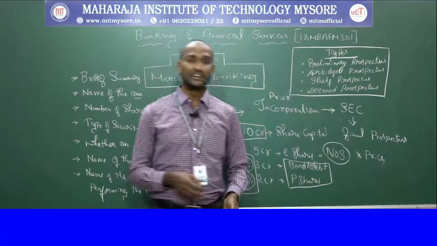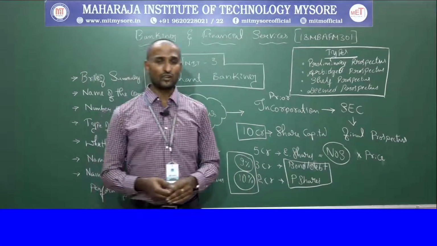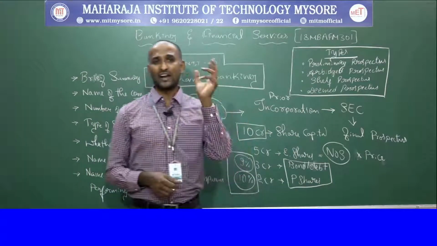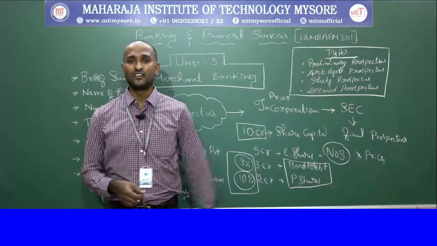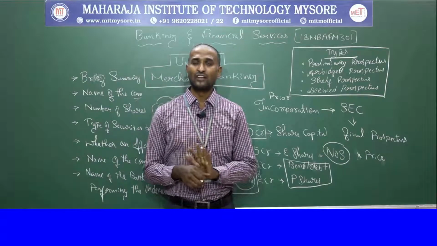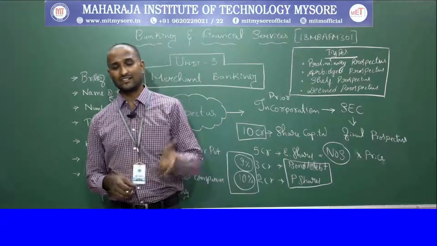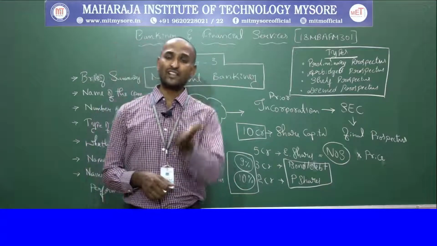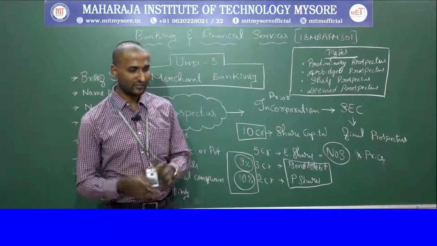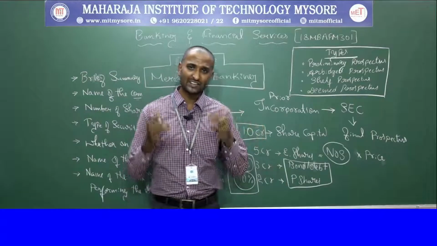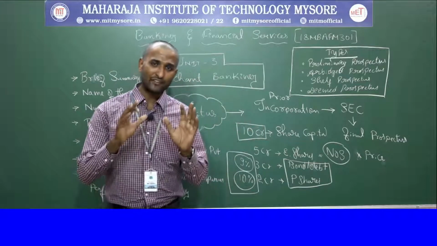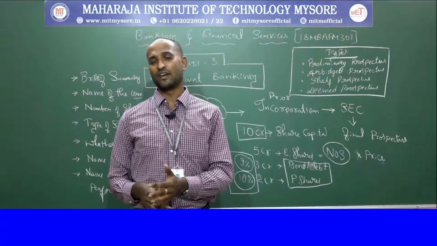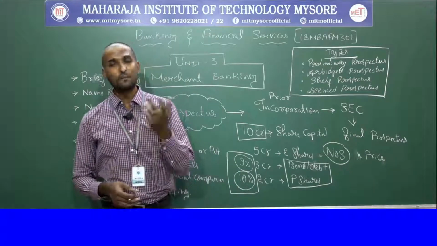And the last one is the deemed prospectus. When a company agrees to give shares to an issuing house, which later sells those shares to the public, instead of the company itself issuing those shares.